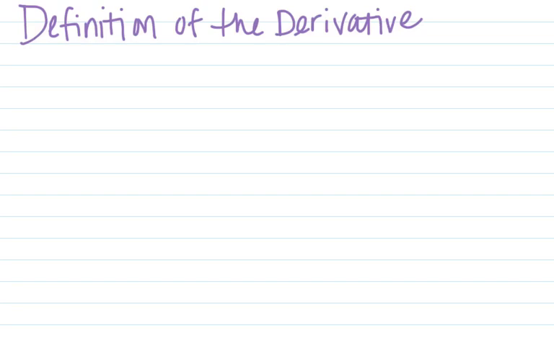Okay, so we're basically going to have the same setup for the official definition of the derivative. The only difference is that we're going to actually treat the derivative as a function we derive from f. And also we're going to use x's instead of a's.